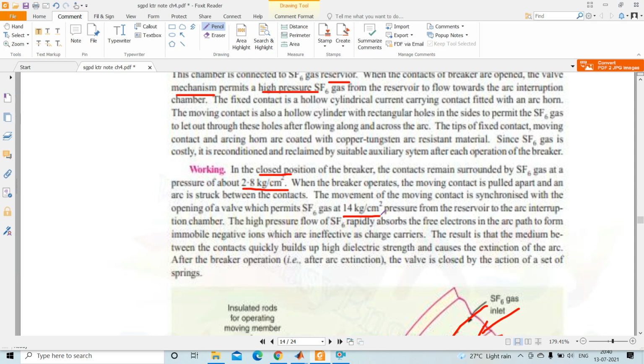The movement of the moving contact is synchronized with the opening of the valve, which permits SF6 gas at 14 kg per cm square pressure. Initially there is a pressure of 2.8 kg per cm square, but the moment the moving contact is opened from the fixed contact, synchronizingly the SF6 gas is allowed to flow from the reservoir by opening the valve. These two operations are done synchronizingly, so SF6 gas at 14 kg per cm square pressure flows from the reservoir to the arc interruption chamber.